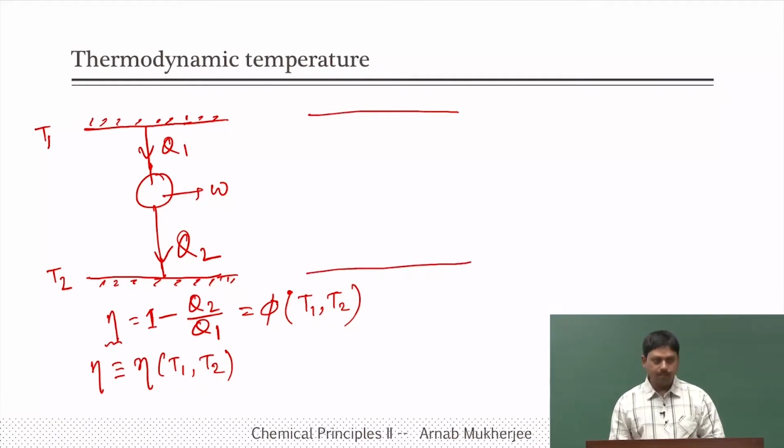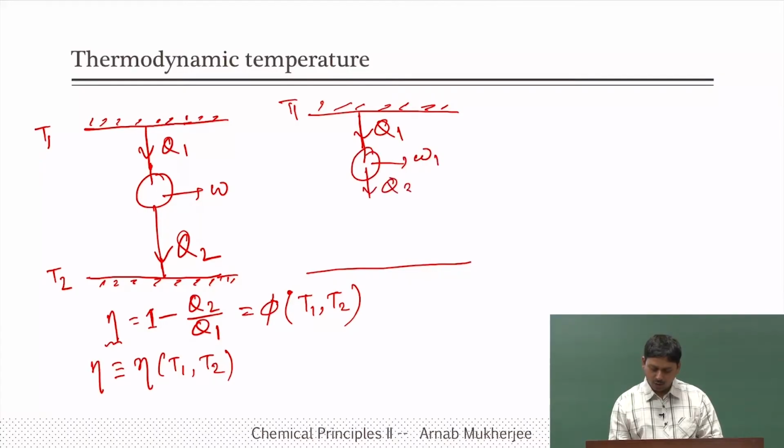Now, let us construct another engine, a combined system where two engines work simultaneously. Heat Q1 is taken in from the high temperature, some work is done, and Q3 is thrown to an intermediate temperature reservoir T3.